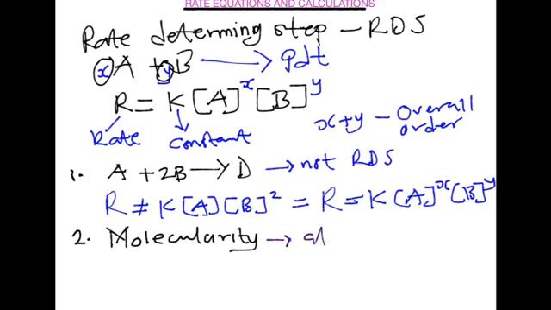Atoms, molecules, and or ions that are found in the rate determining step. So we can put it this way: it is the number of reactant species that take part in the RDS of a given reaction, in the rate determining step of a given reaction.